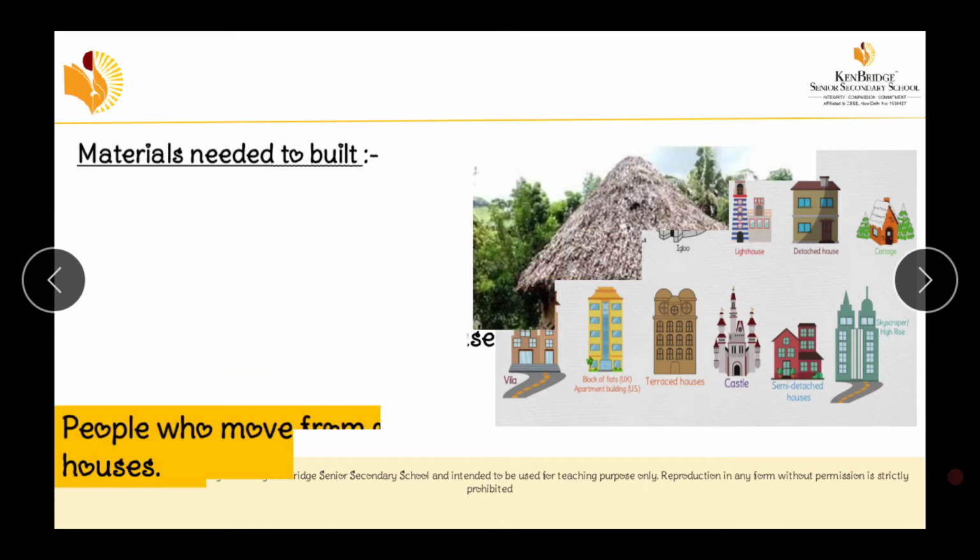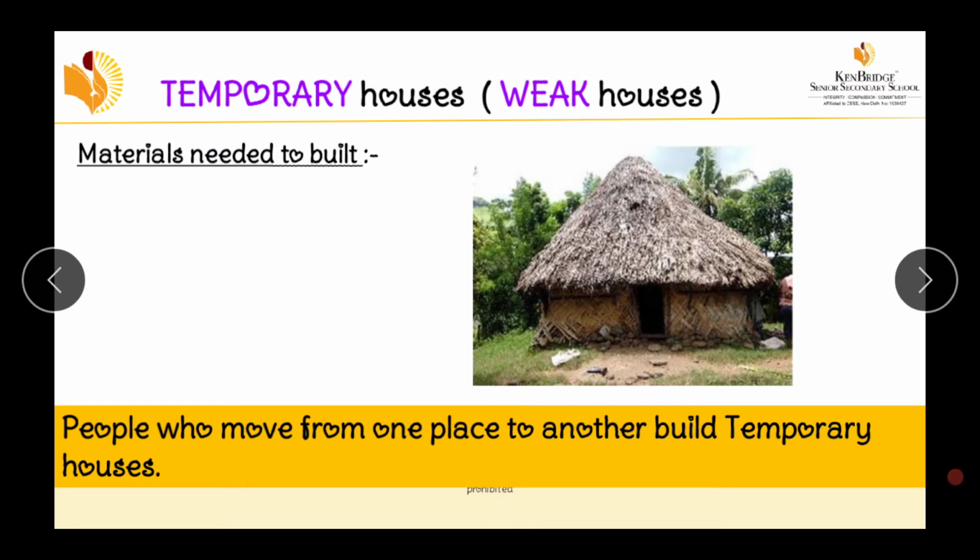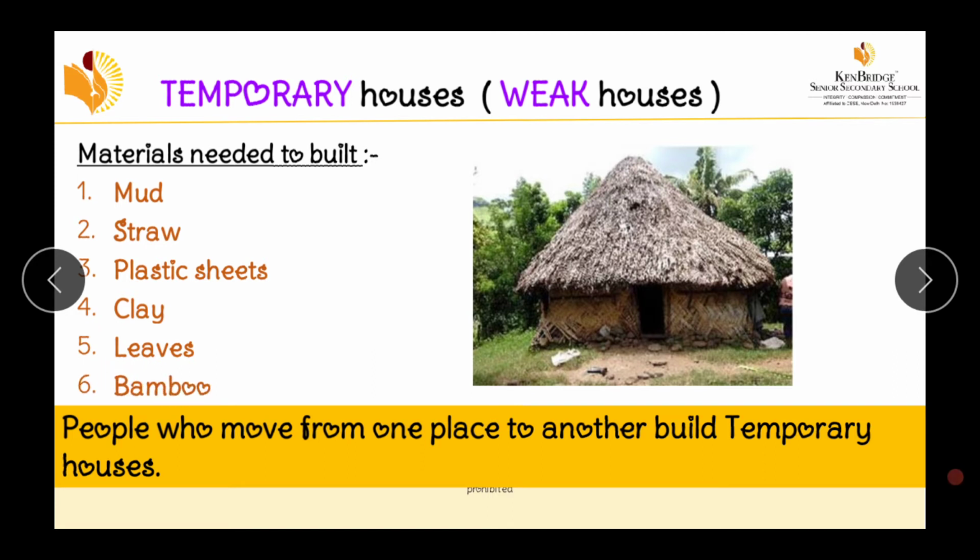So let me revise. We saw temporary houses, weak houses, and the materials needed to build temporary houses. First one is mud, second is straw, third is plastic sheet, fourth is clay, fifth is leaves, and sixth is bamboo. Okay. So who builds the temporary houses?